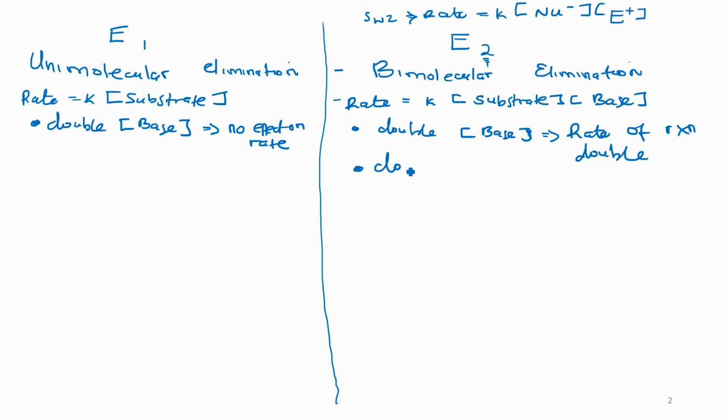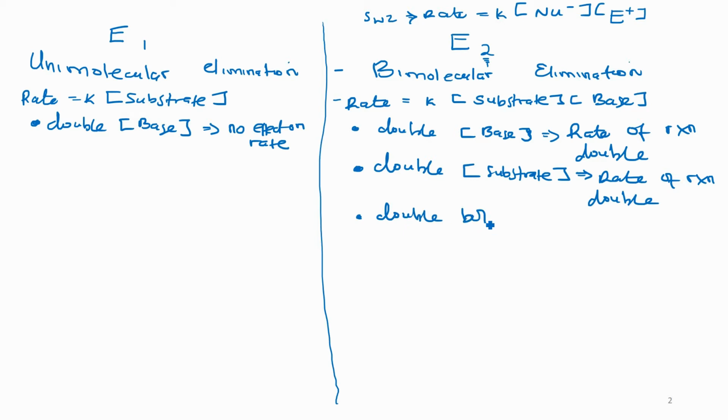And if you double the concentration of the substrate, and you're going to be tested on this, by the way, the rate of reaction will also double. Let's say you double both the concentration of the substrate and the concentration of the base.